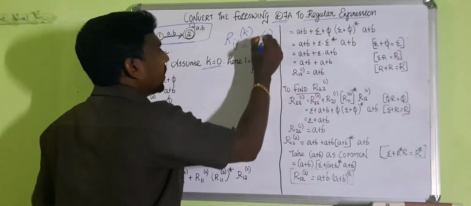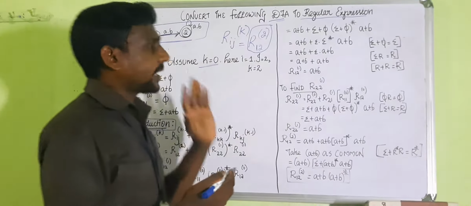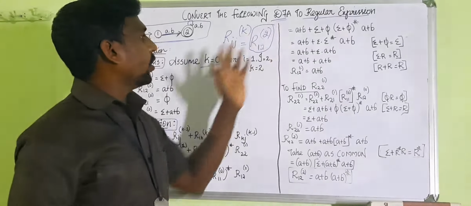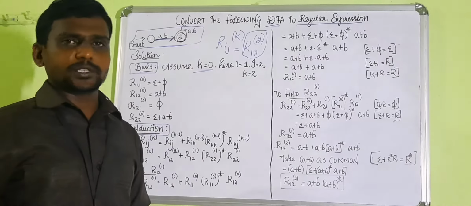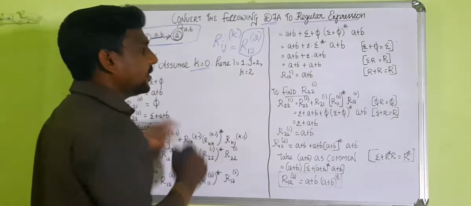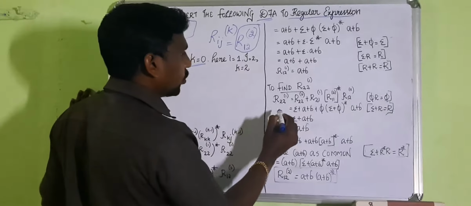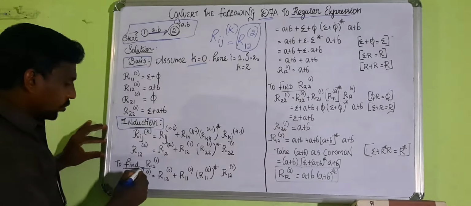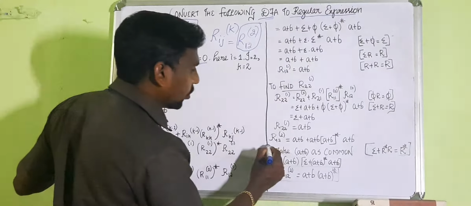So R12 power 2. Suppose in the problem they straight away ask to convert the following DFA into a particular R12 power 2 regular expression, or they can ask some other regular expression. If they ask this, you have to find R12 power 2. We will find R12 power 2 as the final answer.